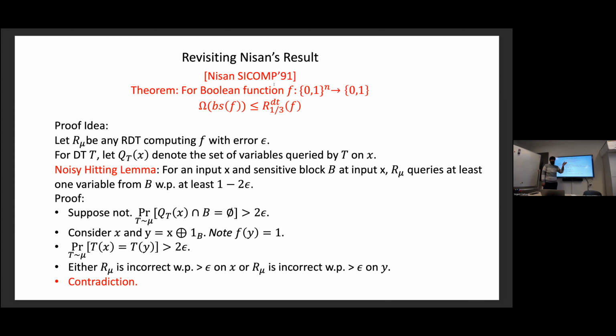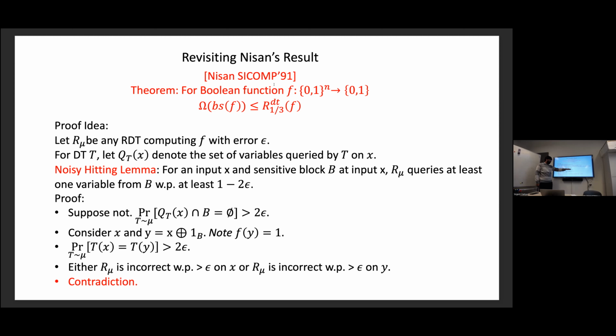That means that on X, the randomized decision tree is not able to distinguish between X and X with the bits in B flipped with probability more than 2 epsilon, which means that it has to be incorrect with probability at least epsilon either on X or on X with bits in B flipped. That's essentially what this is saying.